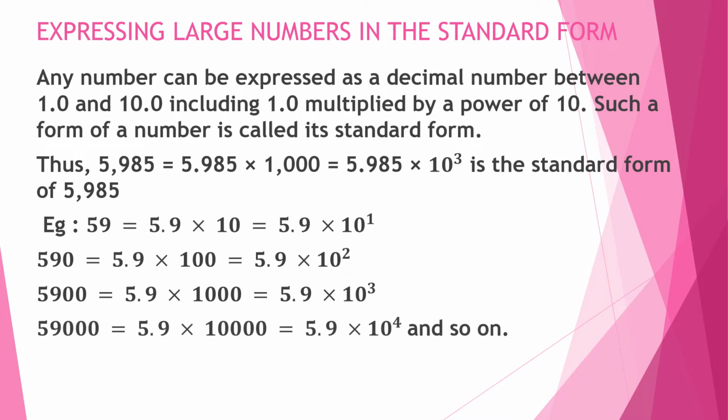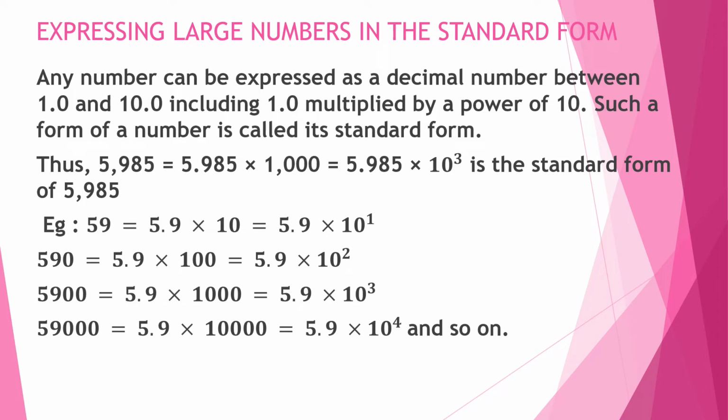Next is 59,000. 59,000 can be expressed as 5.9 multiplied by 10,000. 10,000 means 10 raised to 4. So the standard form of 59,000 is 5.9 into 10 raised to 4.